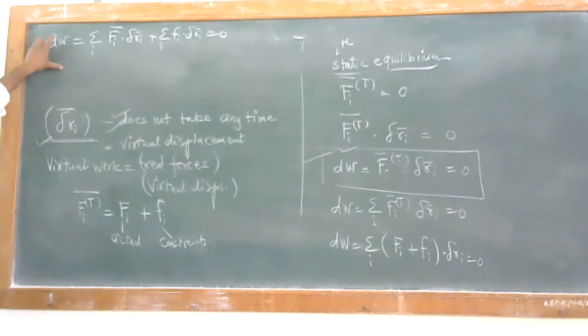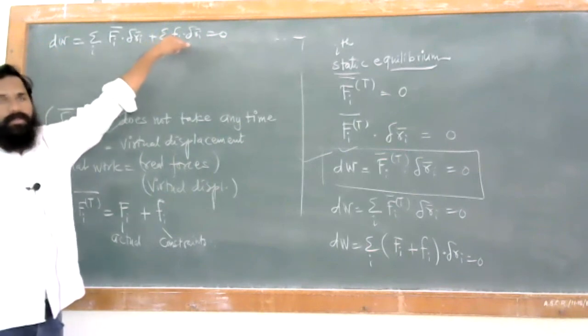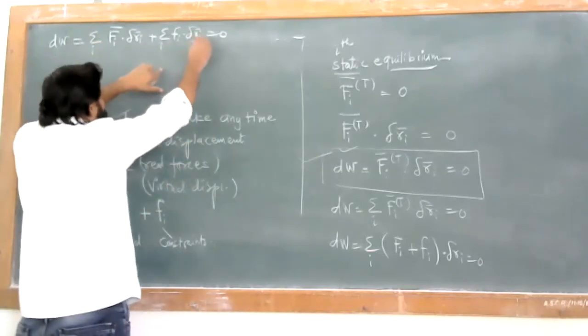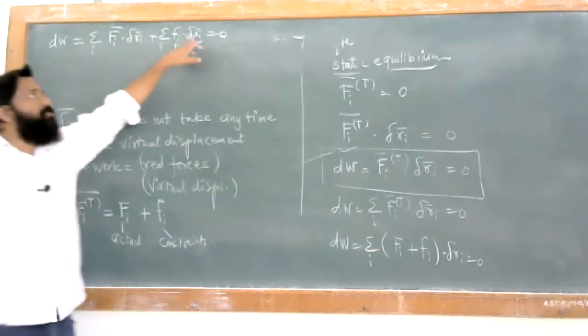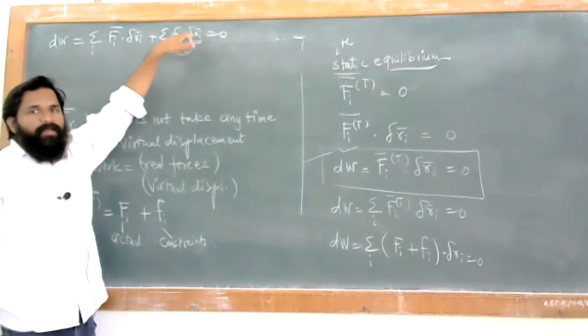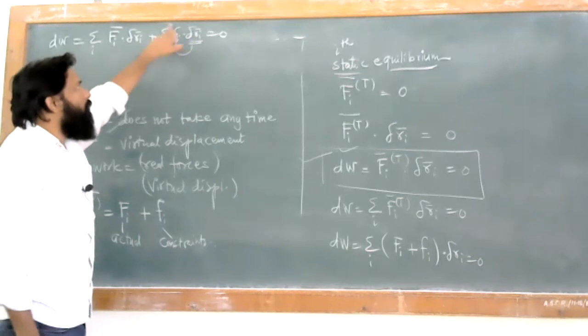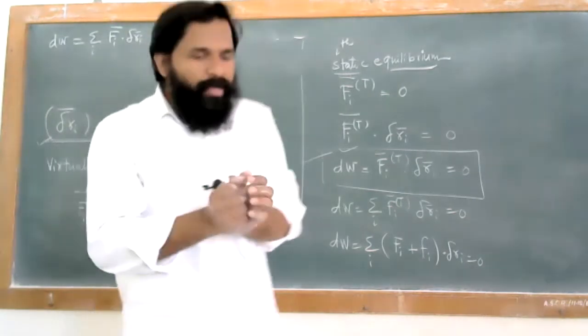So we can have a condition: if we assume that these constraint forces are in a direction perpendicular to the virtual displacement, these virtual displacements are assumed to be perpendicular to the constraint forces, and you can have a condition for perpendicular vectors.